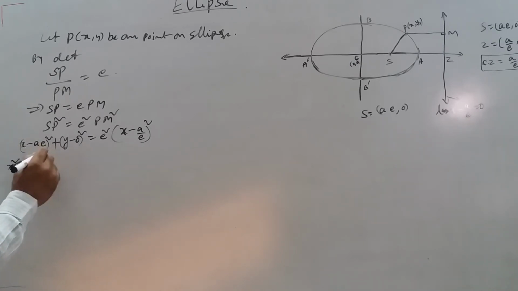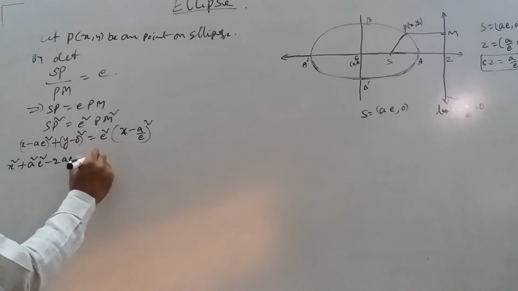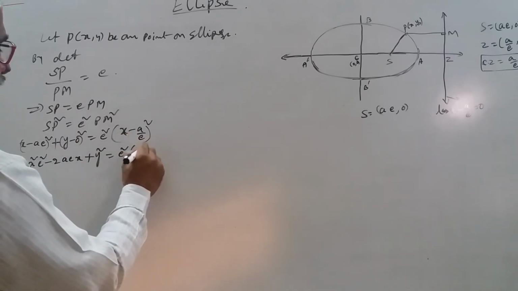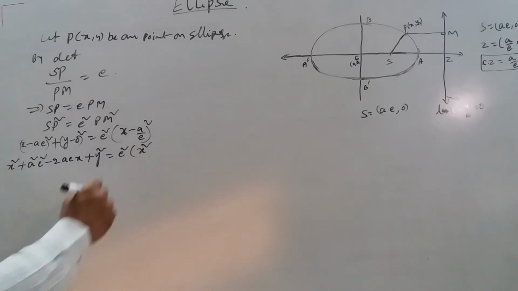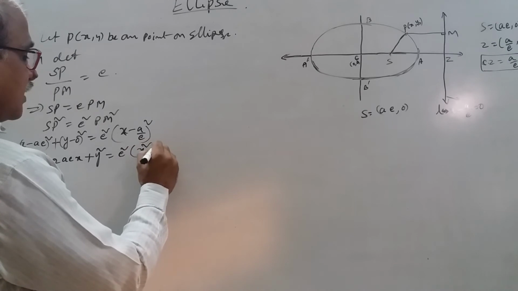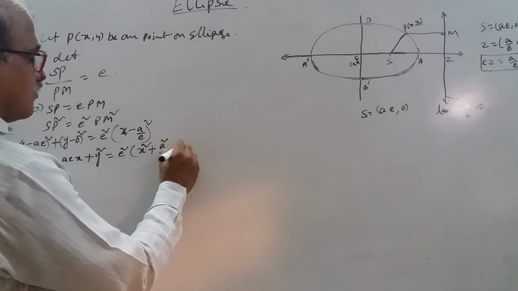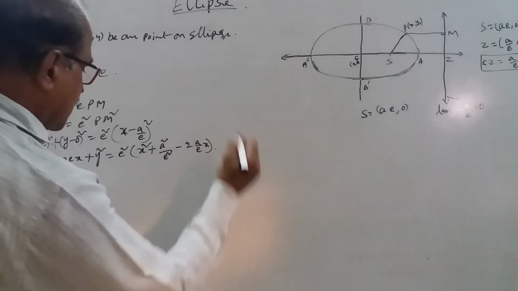By expanding using the (a minus b) whole square formula, minus 2aex plus y square is equal to e square into this, also expanding as in (a minus b) whole square. That means x square plus a square by e square minus 2a by e x.